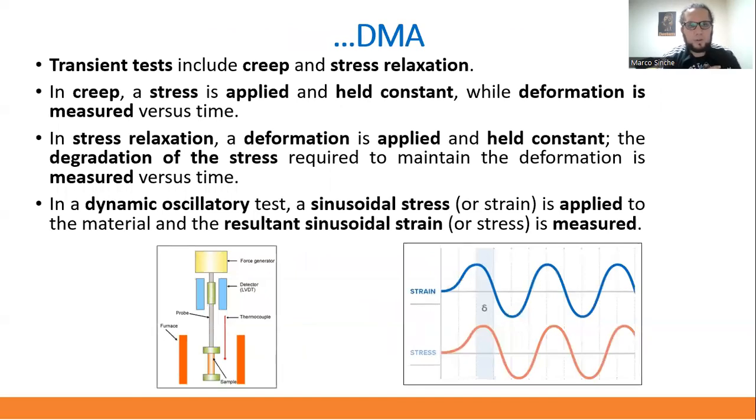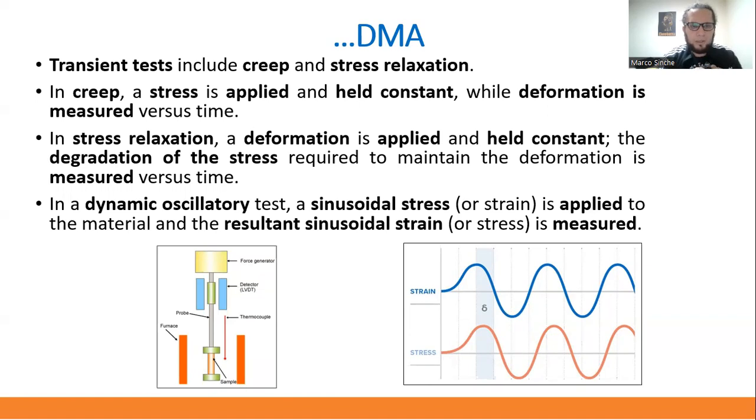The tests could be transient, and in this case, they could be classified as creep or stress relaxation. In the first case, stress is applied and held constant, and the deformation is measured over time. In the second case, the deformation is applied and held constant, and the degradation of stress that is required to maintain this deformation is measured over time.